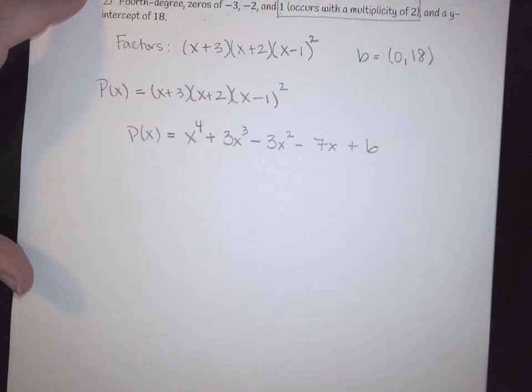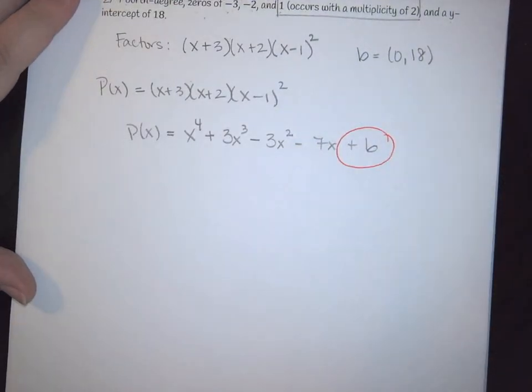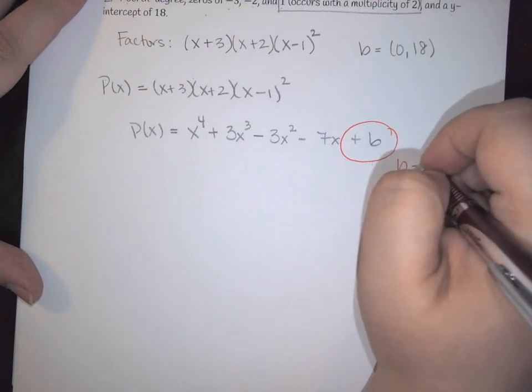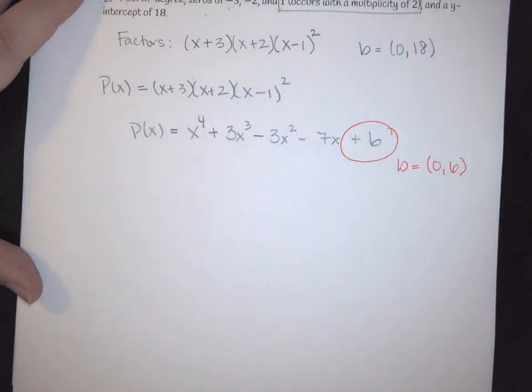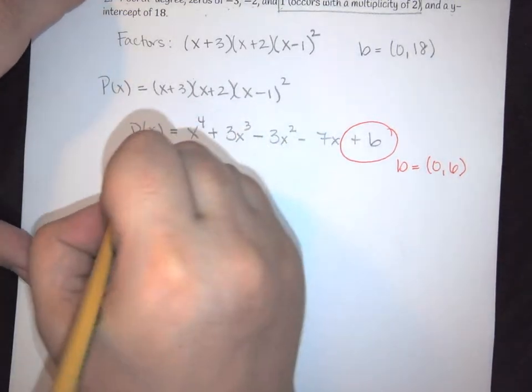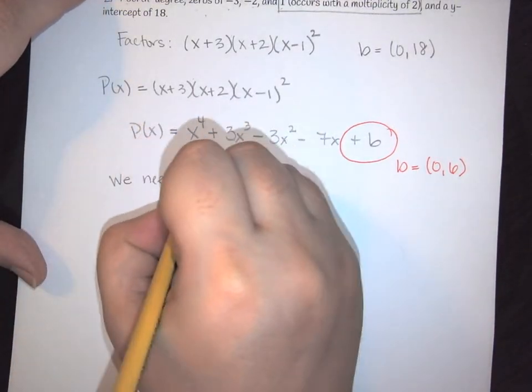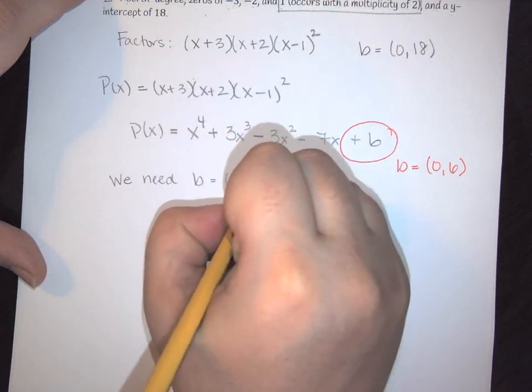Now, we've got a problem. In this polynomial, the y-intercept is the point 0, 6. However, we need it to be 0, 18.